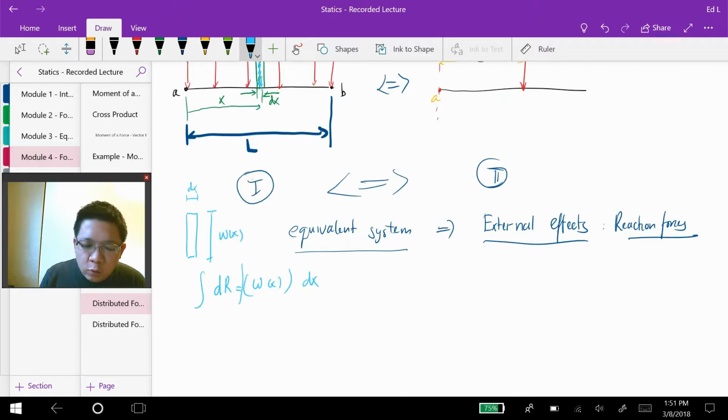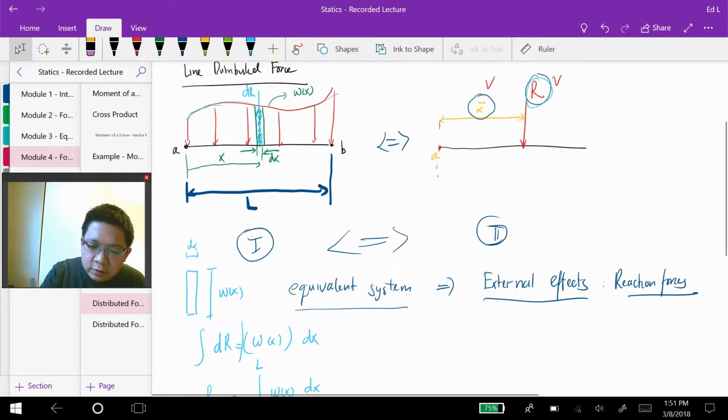Okay, when I integrate this left hand side equation, I obtain R, and this right hand side equation is the integral of w(x) dx from 0 to L, because in here we try to integrate for the entire length of the beam.